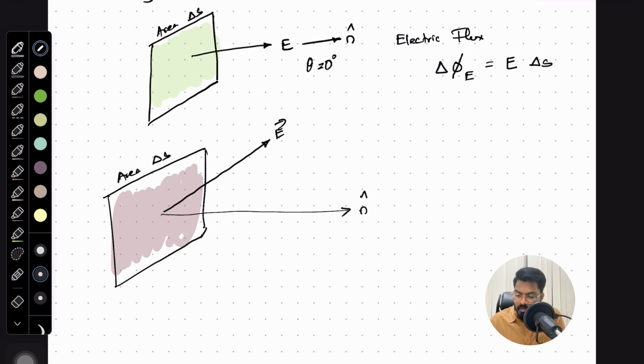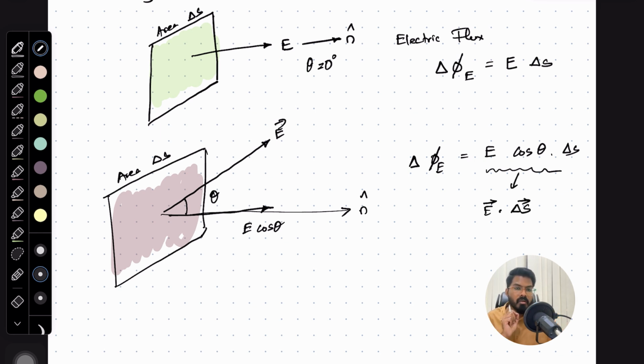The electric field makes an angle of theta with this normal. So I can take the component, which is E cos theta. In this case, the electric flux is given by E cos theta into delta S. If I represent that in vector form, it is E vector dot delta S vector.